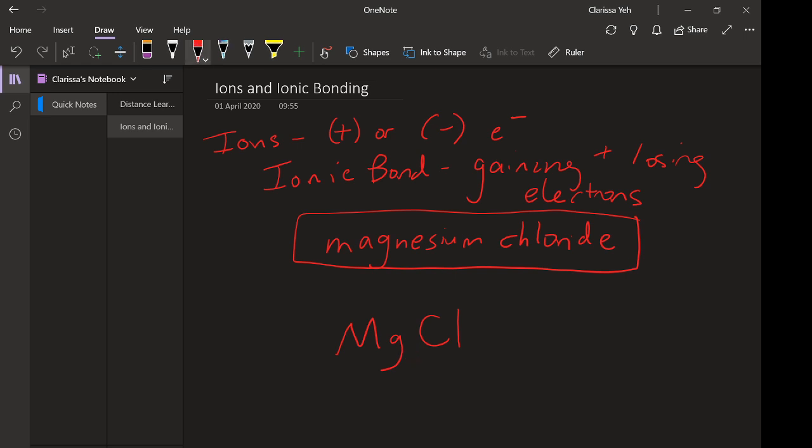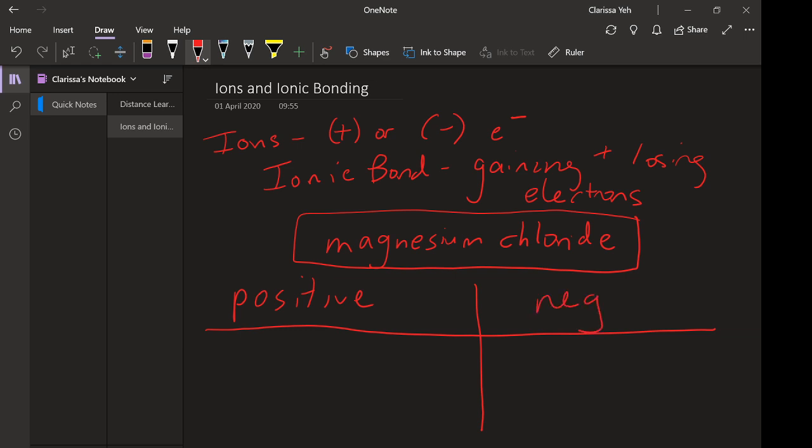The way I figure that out is by looking at what type of ion it forms, what type of charge it forms. Hopefully we remember this from before the break, but if I divide it into a list of positive ions and negative ones, group 1, what type of ions do they form? What charge are they going to have? Do we remember? Group 1 elements, they form a 1 positive charge.